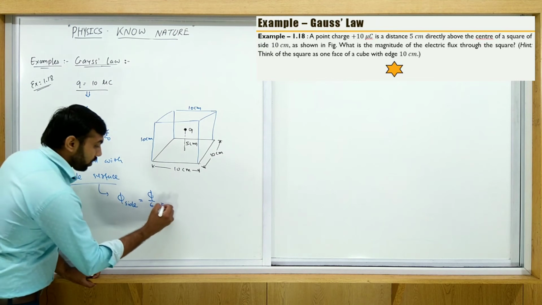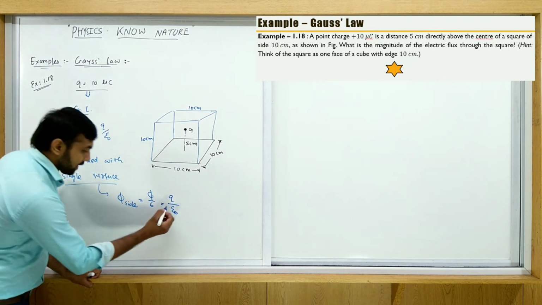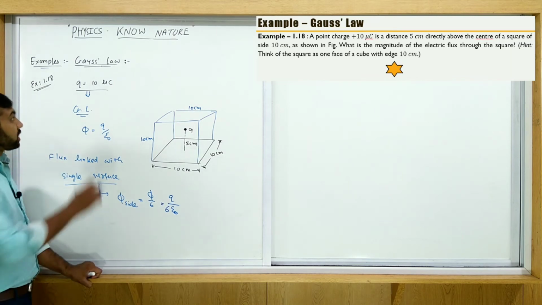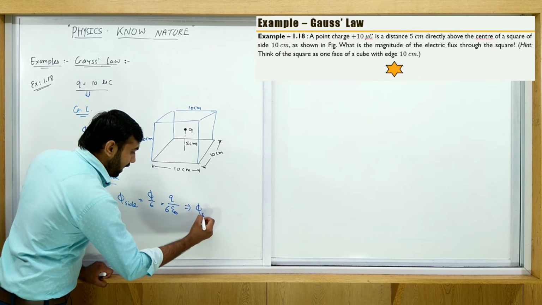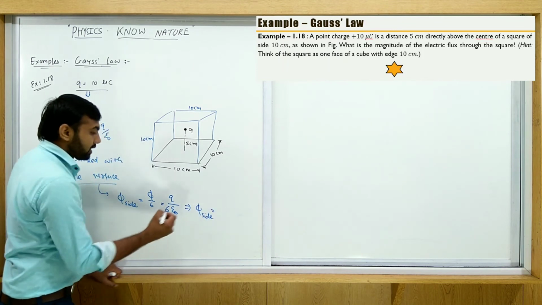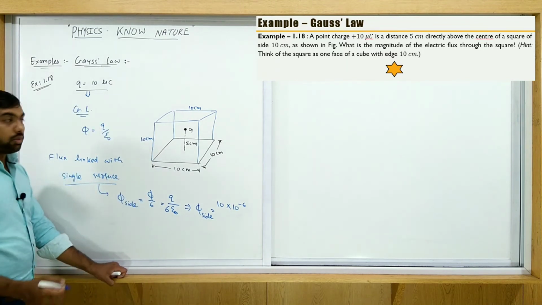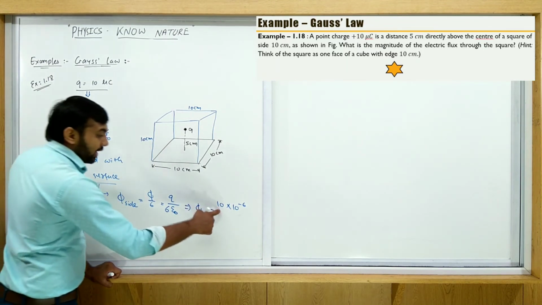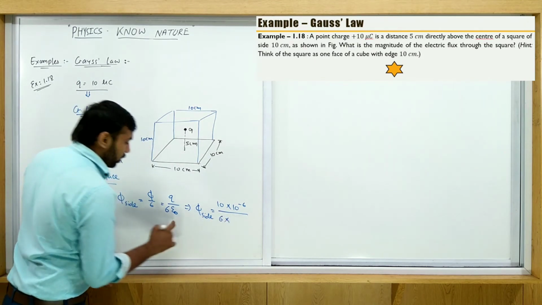Q upon epsilon naught. So Q upon epsilon naught and divide by 6. Put the value, Q is equal to 10 microcoulomb. So φ linked with the side is equal to 10 into micro, converted into coulomb, so 10 × 10^-6 upon 6 times epsilon naught.